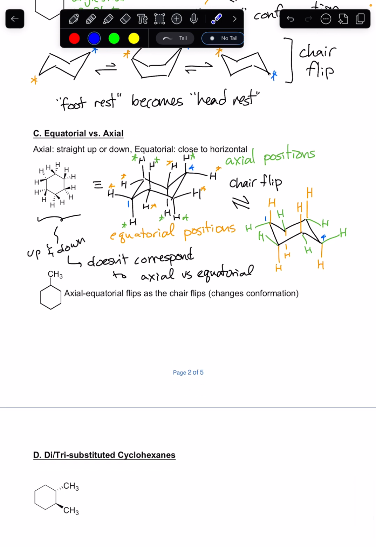And earlier we said that all this chair flip and axial equatorial business becomes even more important when you have substituents on the cyclohexane. So here's one example, right? Here's methyl cyclohexane.